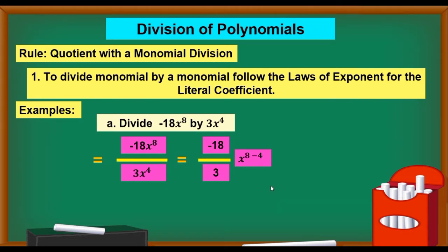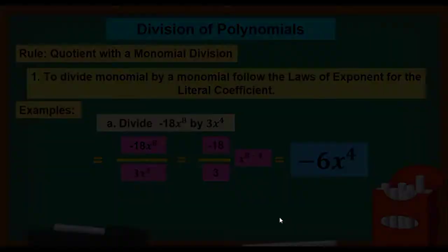So, ang negative 18 at yung ating 3 ay pwede po siyang i-divide. So, negative 18 divided by 3 is negative 6. Ayan, negative 6. And then, yung x raised to 8 minus 4, ang 8 minus 4 is 4. So, ang magiging sagot po natin ay negative 6x raised to 4.